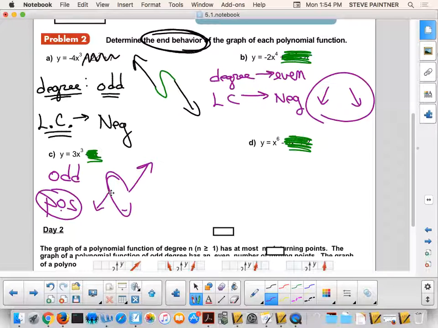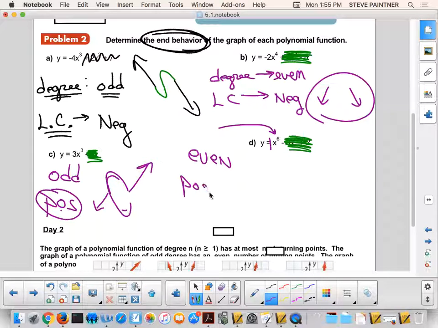Next, Molly, finish it. Even or odd? You have to look at the power of x, and it is even. Then look at the number in front, which is 1, so it's positive or negative?